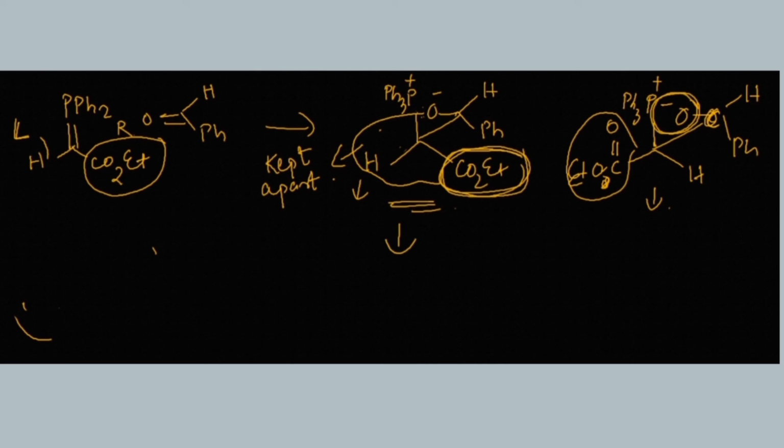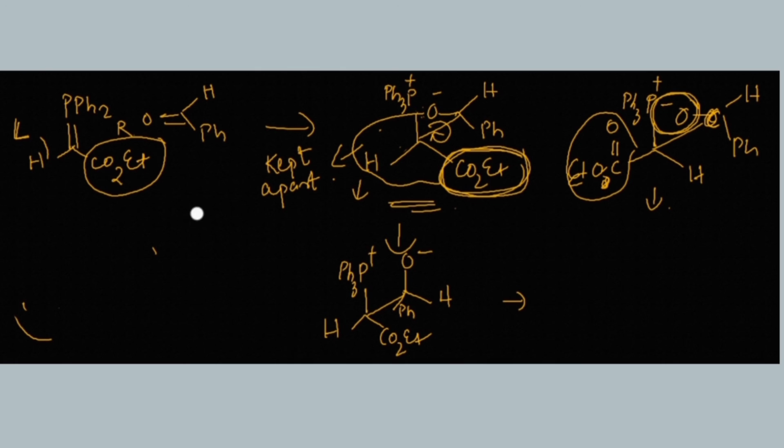So this one is formed. Now what happens? This bond will rotate again for the syn elimination to take place, and now this PPh3 plus, O minus, here this is CO2Et, this one is hydrogen, this one is Ph.